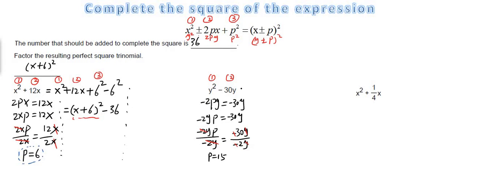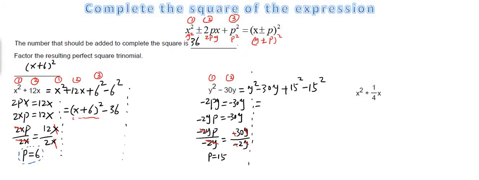Very good. Now we can finish the complete square. We can add the p squared. P squared is what? 15 squared. After you add 15 squared, you need to subtract 15 squared.